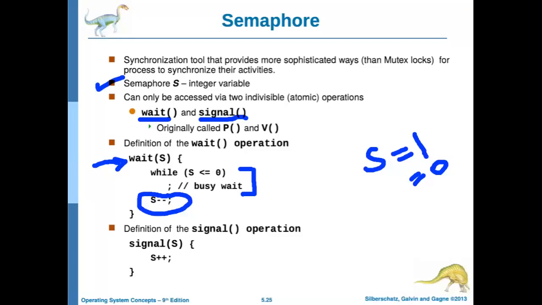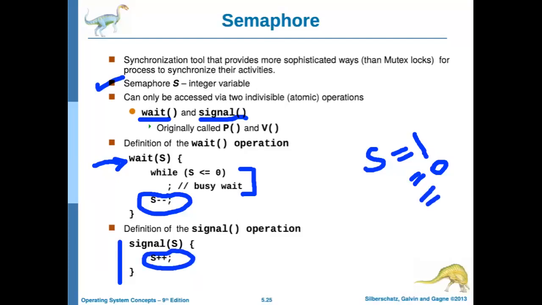Whereas in the case of signal, suppose the original process is done using the critical section and the resource updation, it will signal the semaphore variable. What happens in signal is that the value of the semaphore variable is simply incremented. So again this becomes 1.